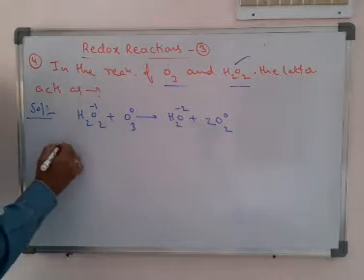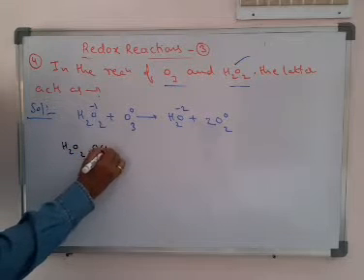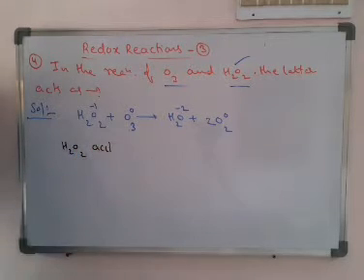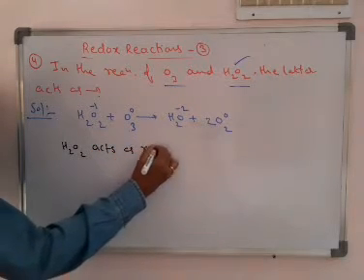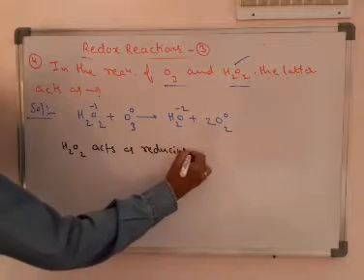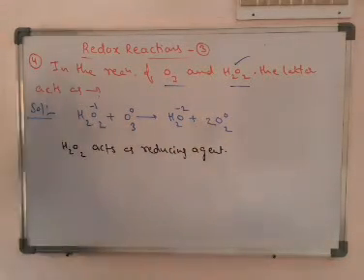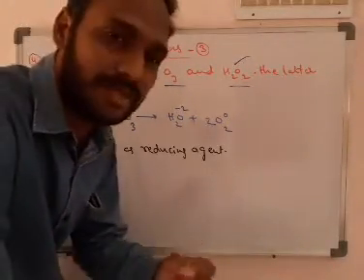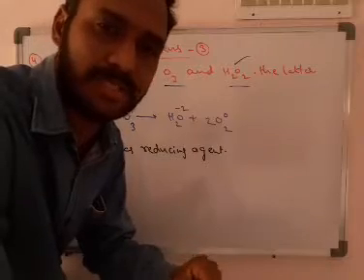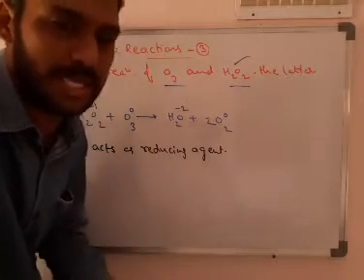Hydrogen peroxide acts as a reducing agent, because hydrogen peroxide itself is oxidized, so we can say it works as a reducing agent.